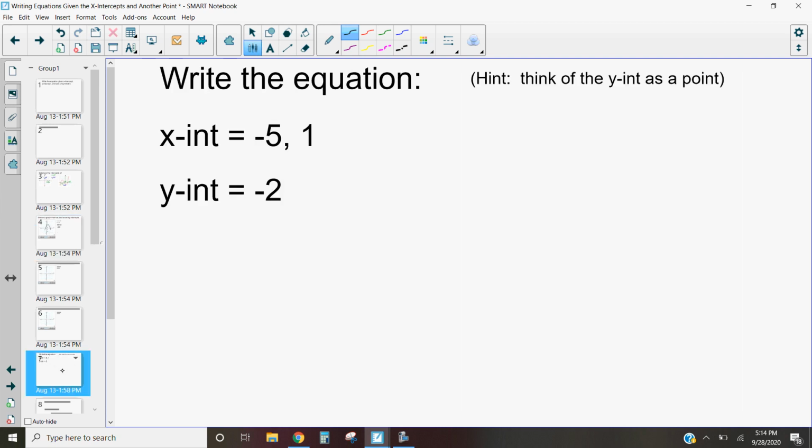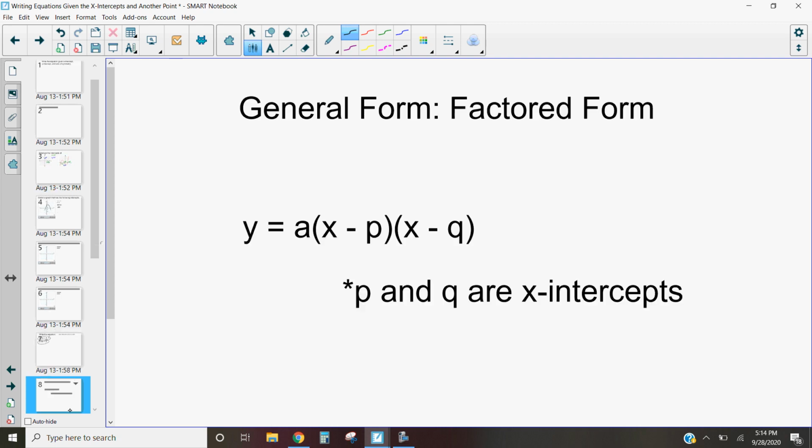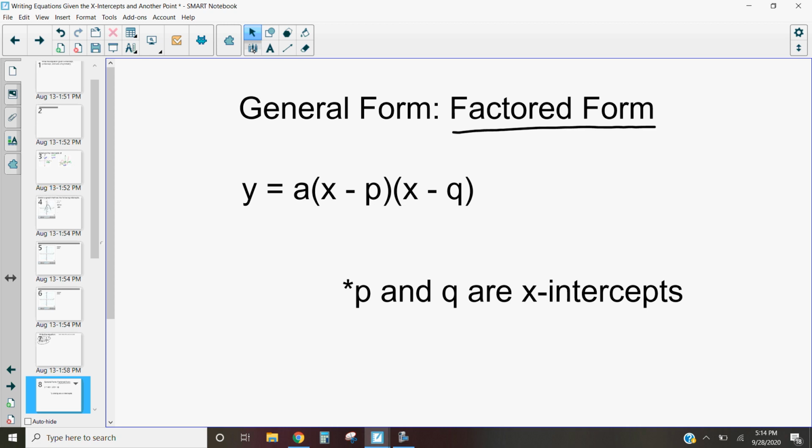Now, what we want to do is write those equations. So when we're writing our equation, we have these points here that are important to us. This is kind of like giving us our x-intercepts and our point. Now, this is super important because we are actually going to use the factored form for this. Remember, factored form looks like this. It's y equals a times (x minus p) times (x minus q).